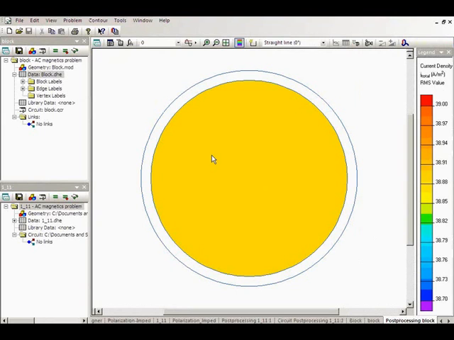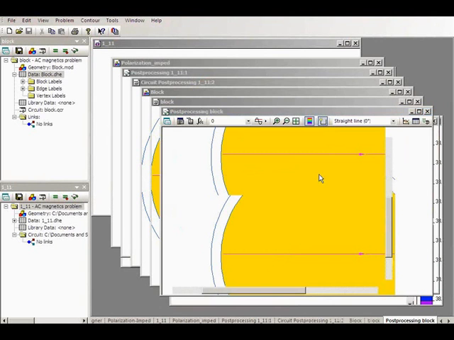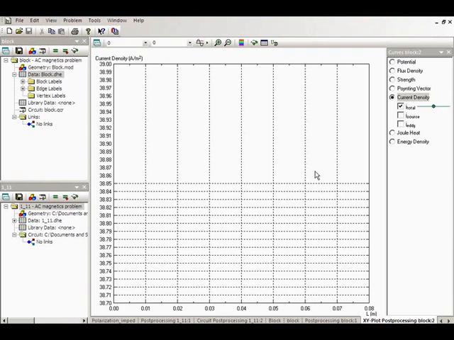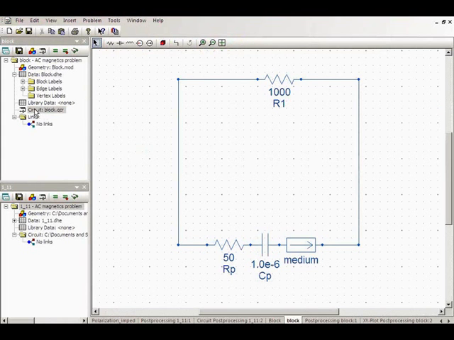Okay, so now I have a current density, the AC current density in my sample, and I can look at the AC current profile in the sample. It's pretty uniform, roughly 40 amps per square meter.